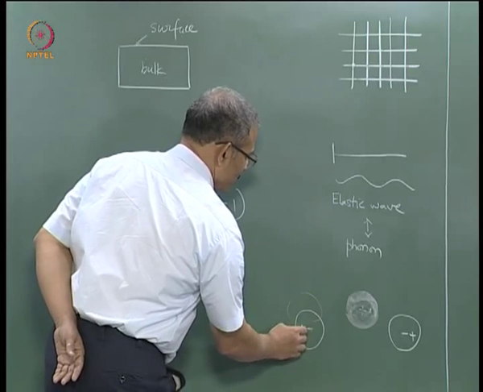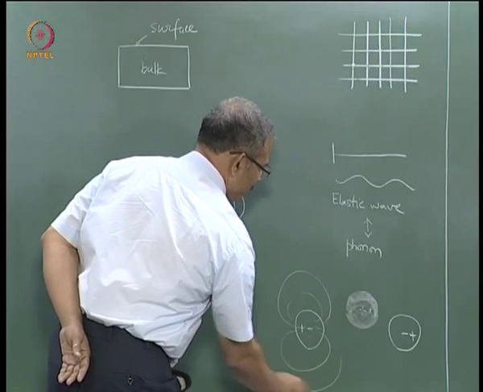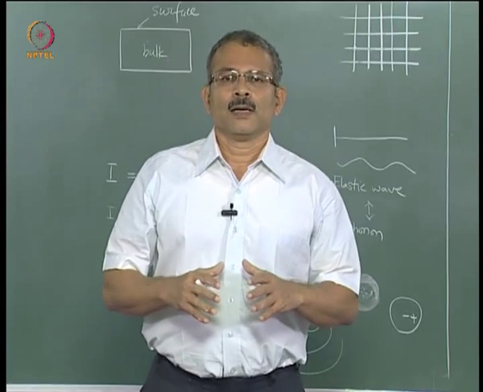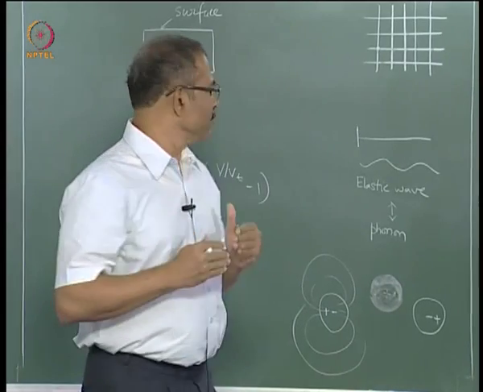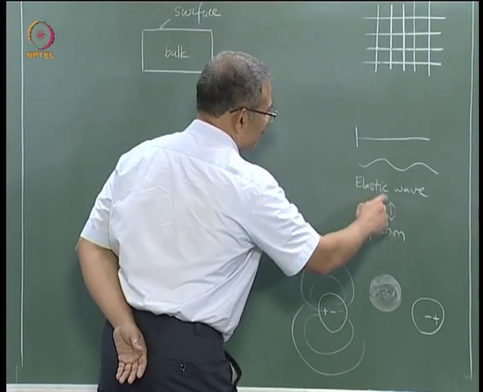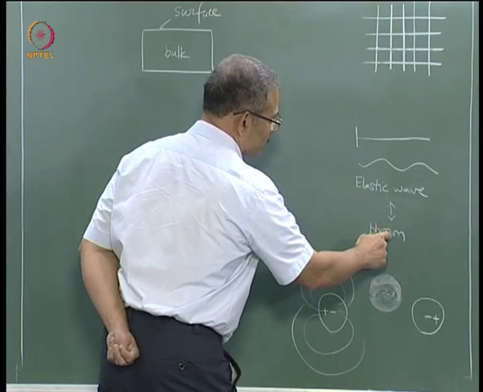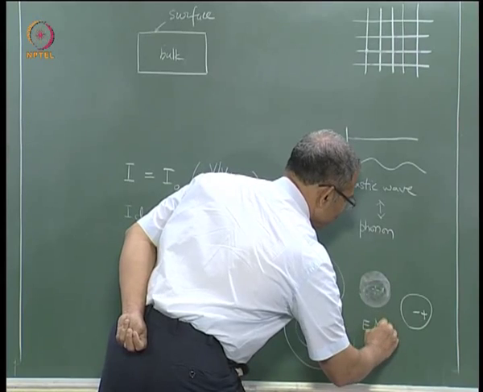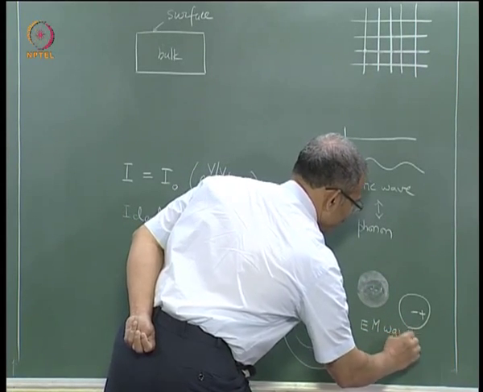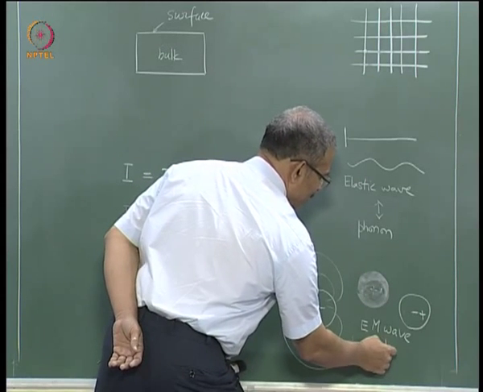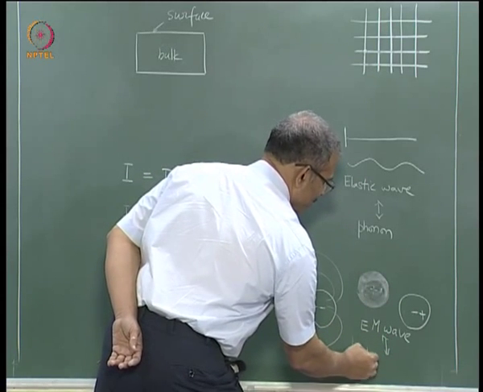So you will have electromagnetic waves emanating from this oscillating dipole. The particle equivalent of the electromagnetic wave is a photon. So like elastic waves can be treated in terms of phonons, you can have electromagnetic waves from a vibrating silicon atom, and its particle equivalent will be called a photon.